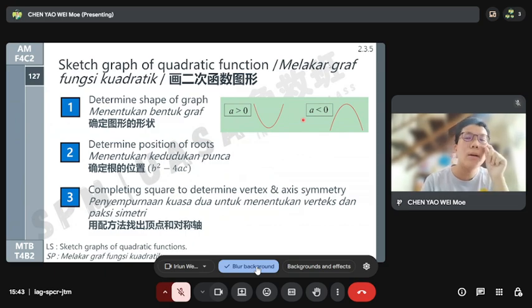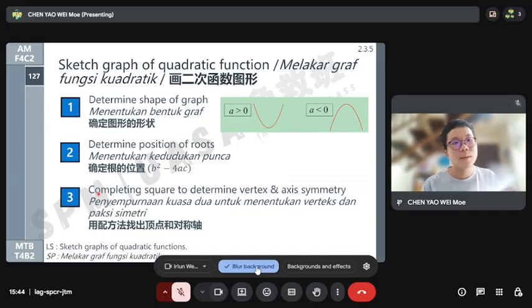So I can know whether the graph intercepts the x-axis at 1 or 2 points. And doing the completing the square method determines the vertex and also the axis of symmetry. So it means we can go from general form to vertex form. Vertex form determines the vertex and also the axis of symmetry.